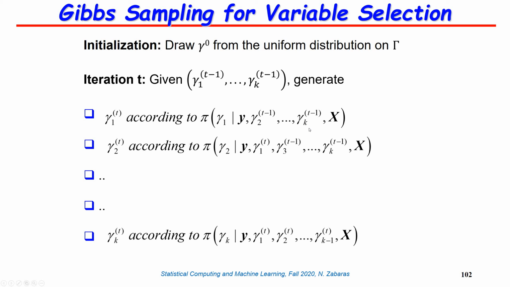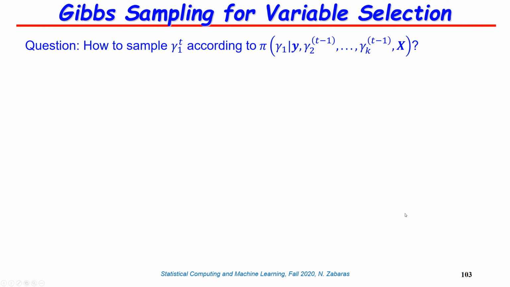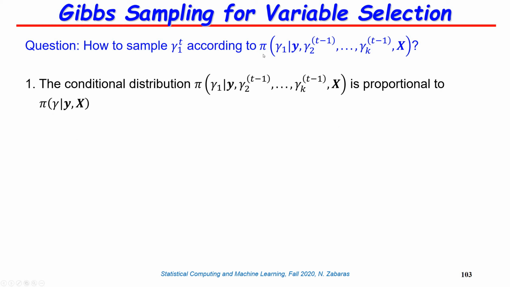So all the other variables are in or out of the model depending on what values you have currently, and then you will decide if gamma 1 is in the model or not. Then once gamma 1 is fixed, you will decide about gamma 2, and then eventually about gamma k, where all the other gammas are fixed to whatever you decided on the earlier k minus 1 steps of the Gibbs sampling algorithm. So let me concentrate on one step. How do we sample from the conditional of gamma 1 given all the other gammas?